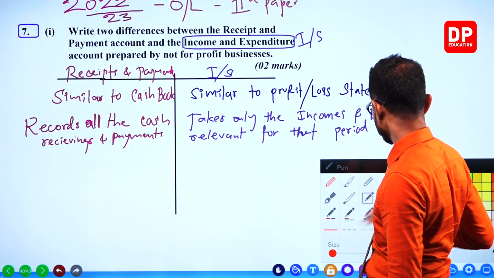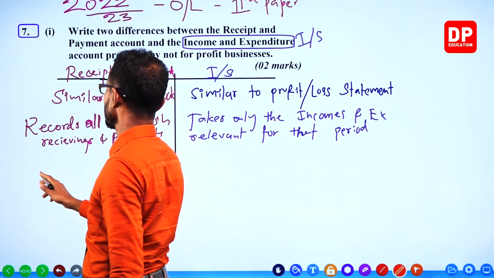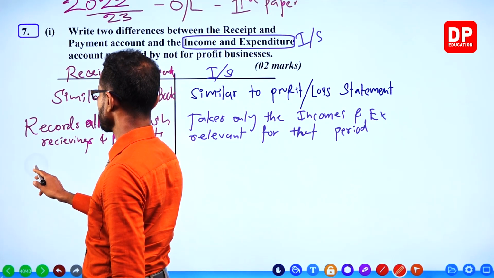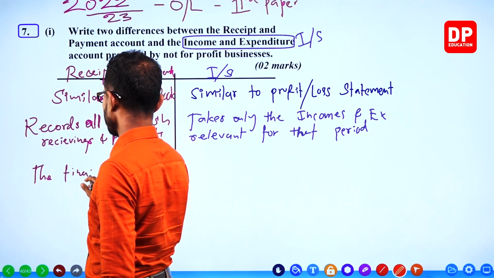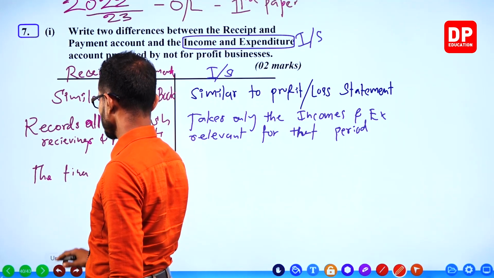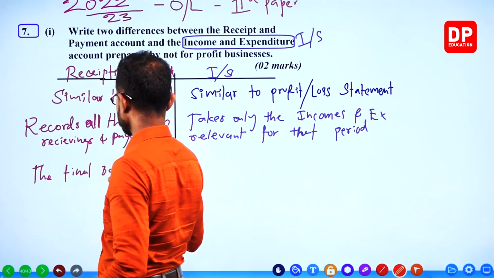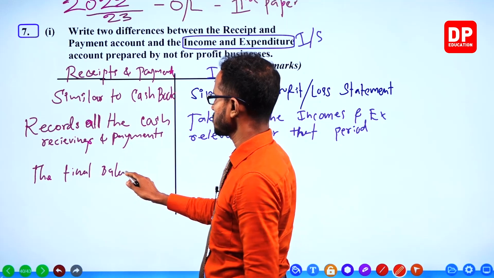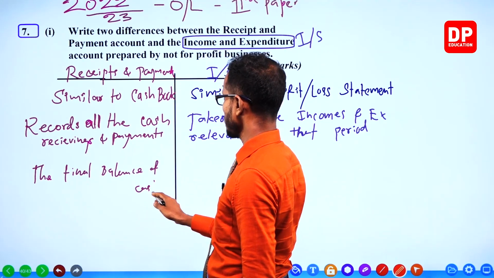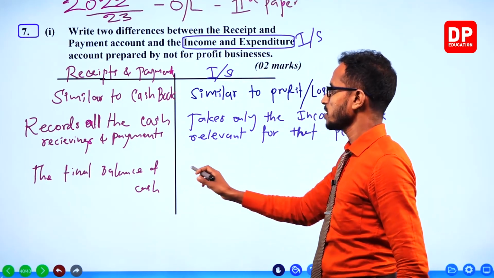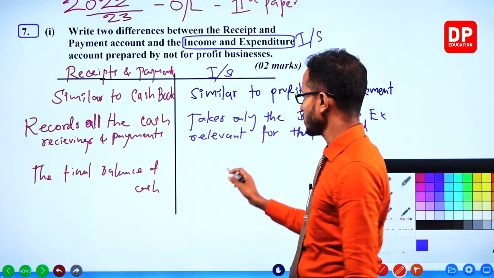But if you want more, you can write that the final balance shows the remaining cash at hand, the balance of cash. But the final answer of the income statement is the operating result of the period.